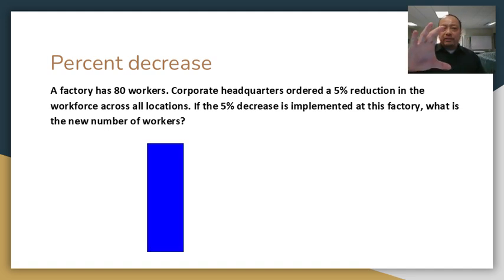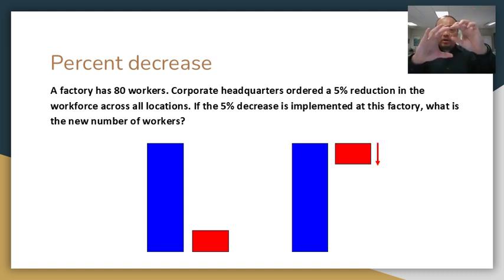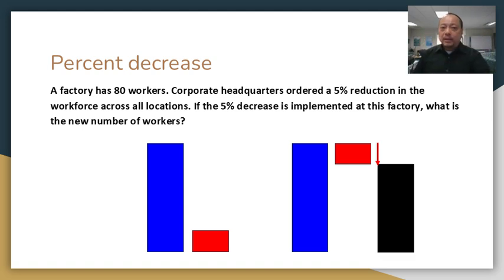We have a starting number of workers represented by our blue bar, and we're losing 5% of the workers. 5% of that is the smaller red block. We're told to subtract these people, meaning from the tall blue bar, we go down by the amount of the small red bar. The result is this final black bar.